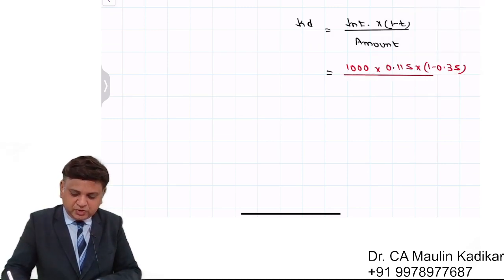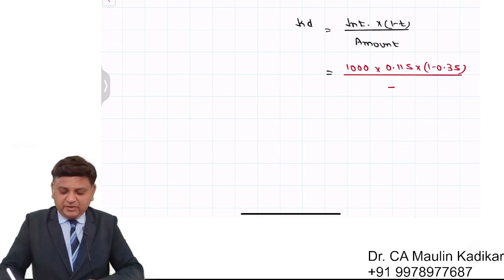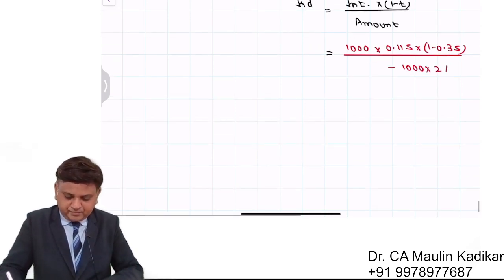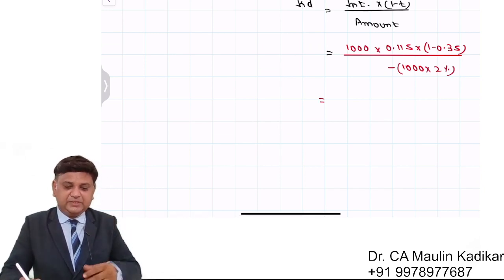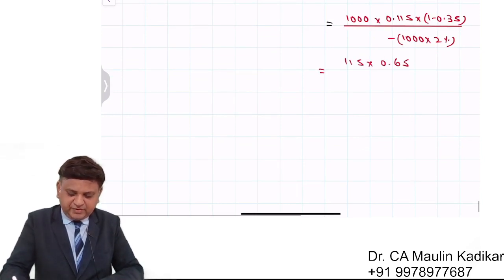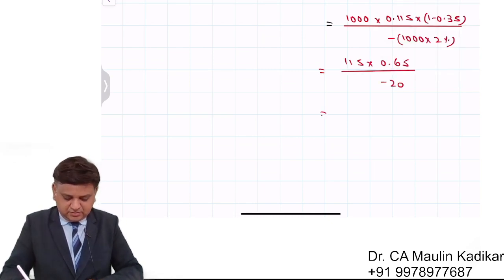Whole divided by issue price minus flotation cost. Generally we compute the flotation cost on face value. So what will happen? 11.50 paise of 1000 rupees is 115 into 0.65 divided by issue price minus flotation cost, that is 20 rupees.